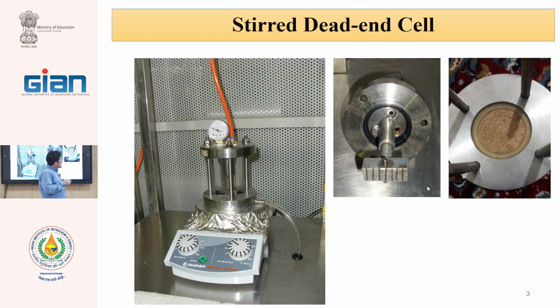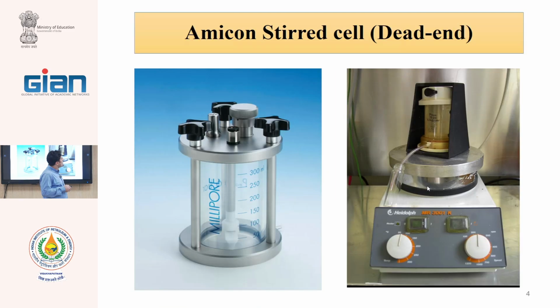We have one feed entrance, and we have a permeate exit. The permeate is collected in a beaker or cylindrical device. There are different forms of these cells. As you see, they can be all plastic, or here plastic and here metallic.